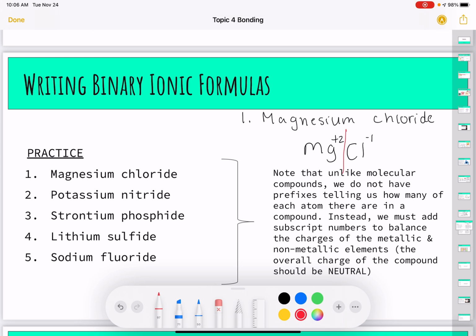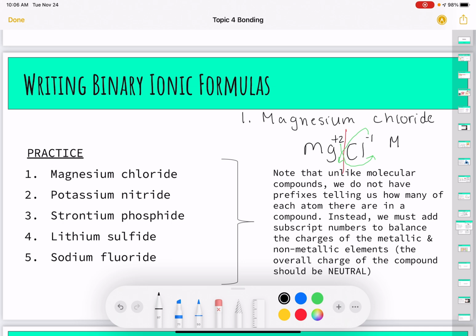So I'm going to show you a foolproof way that you never even have to think about it. Once we've got these charges, I do something called the crossover method, where you take this 2 and you put it down here, and you take this 1 and you put it down there. We just take the numbers, we don't take the charges.